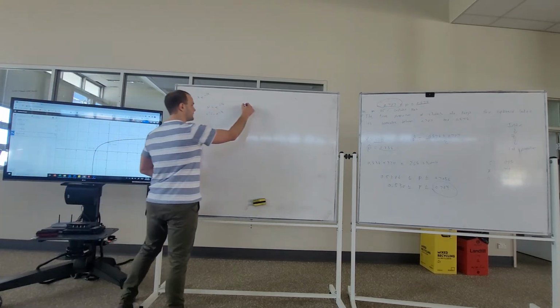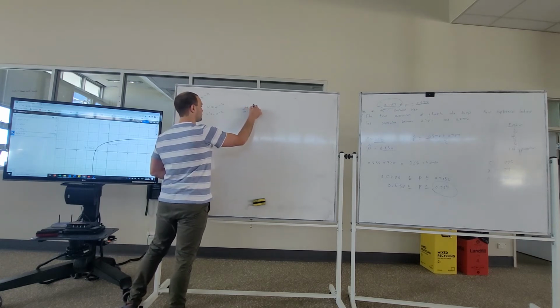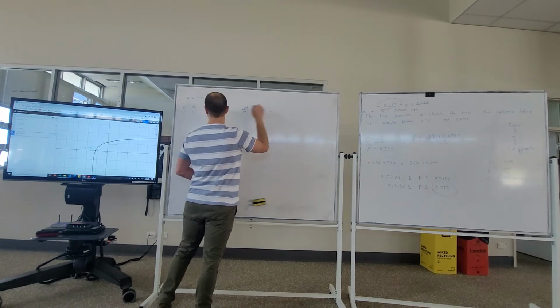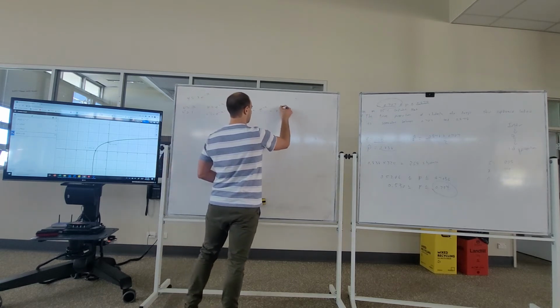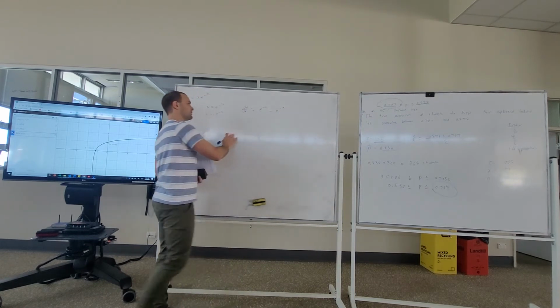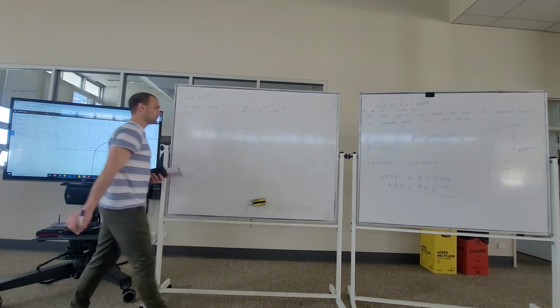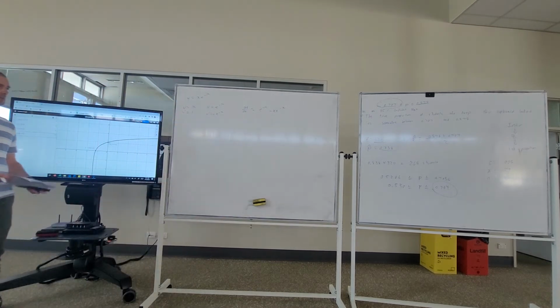Smash all that together for dy on dx, u dash v plus uv dash. Anticipating the negative in uv dash, I'll bring it out front. Okay, so that's part A.